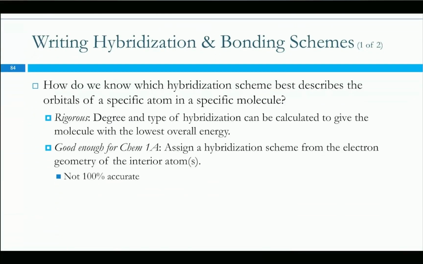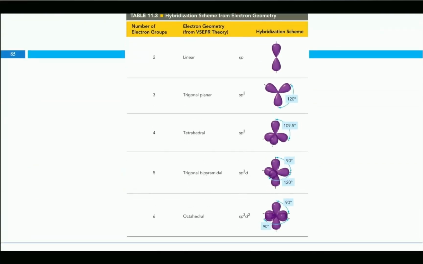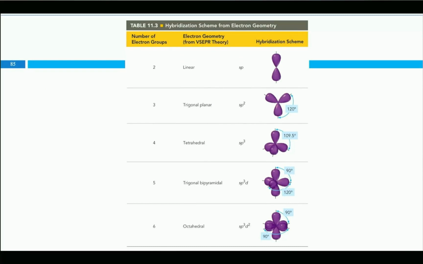We're going to make it. Yeah, so this is why I wasn't super worried about this part, because you basically just assign hybridization schemes from the electron geometry of the interior atoms, which amounts to how many electron groups there are. That's how many orbitals you incorporate. So, number of electron groups: 2 electron groups, sp.